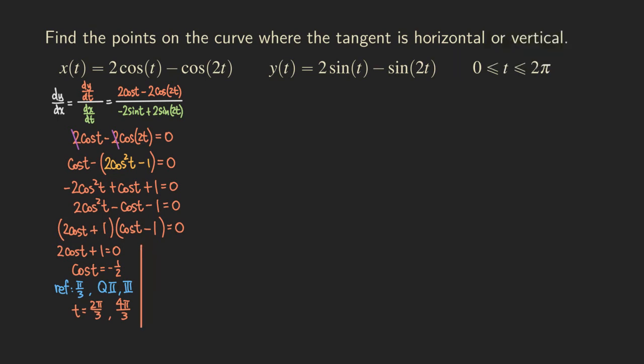The other case is going to be just cosine t minus 1 is equal to 0. And then that's really just saying that cosine t is equal to 1, right? You add the 1 to both sides of the equation. And then when is cosine t equal to 1? That's when you have a quadrantal angle.